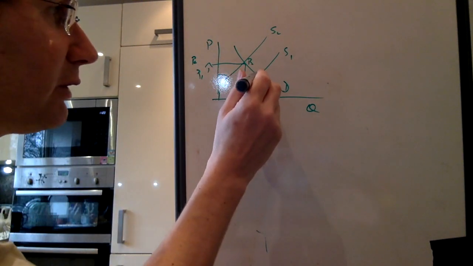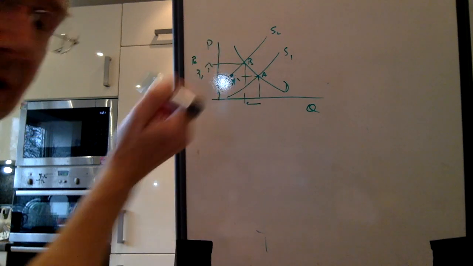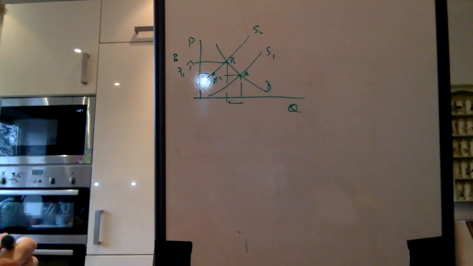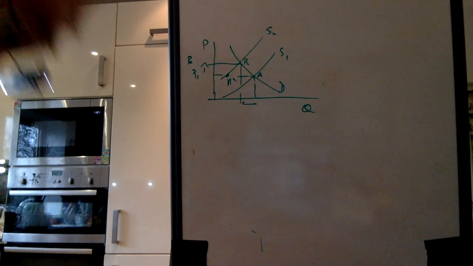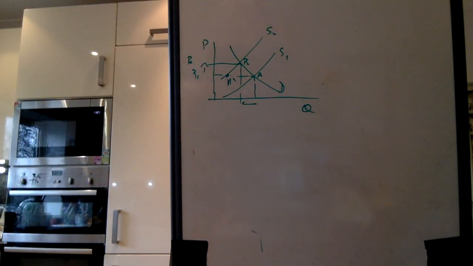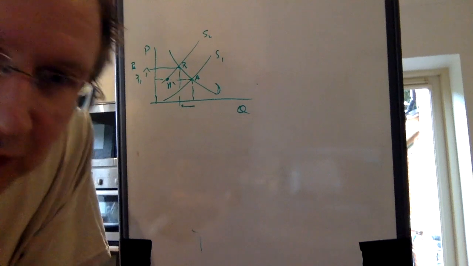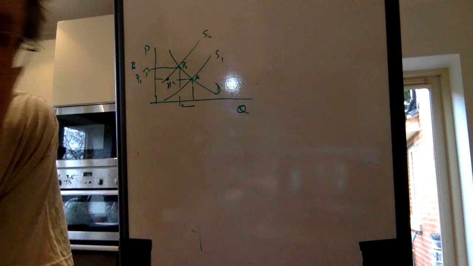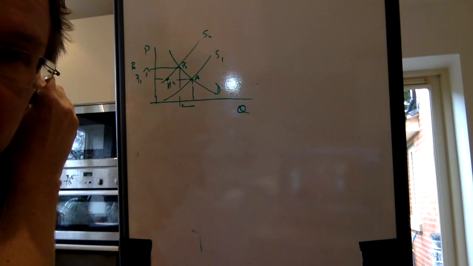So at the original price, supply has fallen to A dash. Supply has fallen to A dash, so therefore we now have excess demand at the original price.